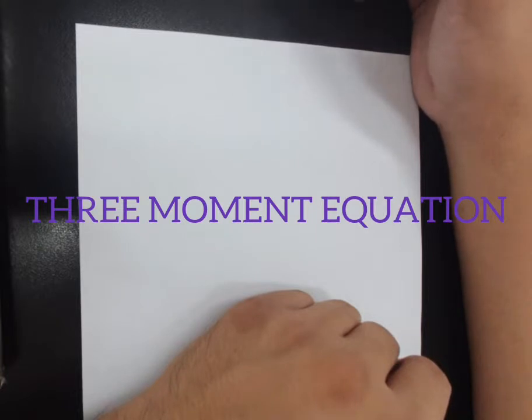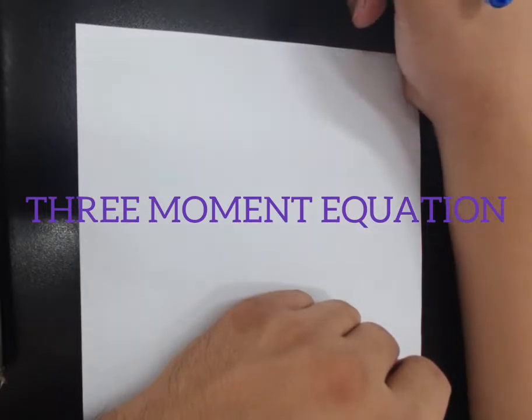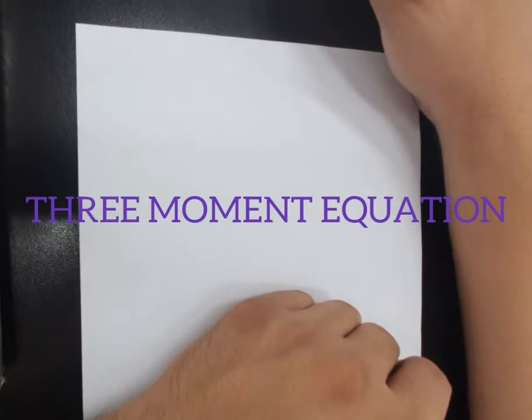Okay, so we have discussed in our previous topics that once the structure is stable, there are two types: it's either determinate or indeterminate.